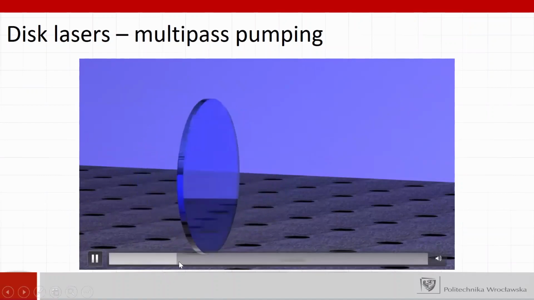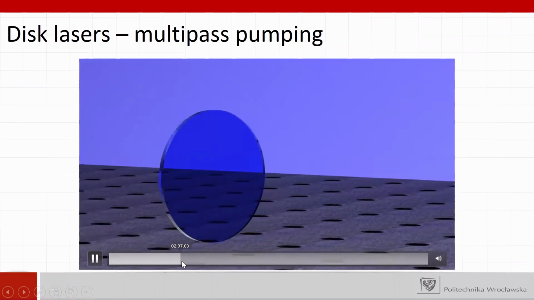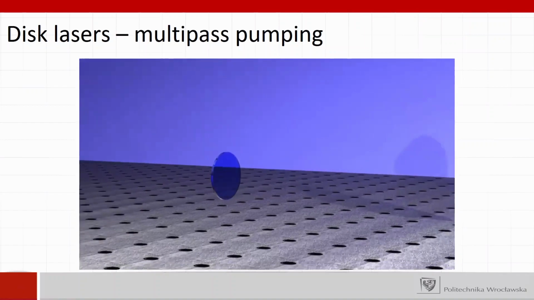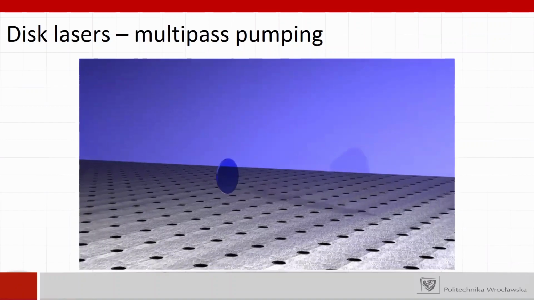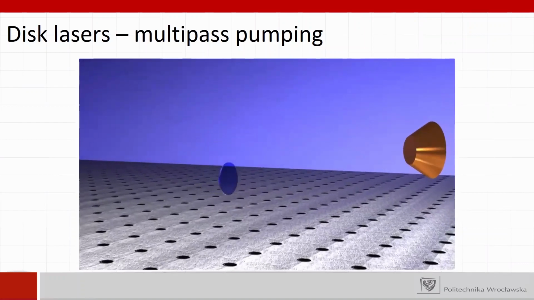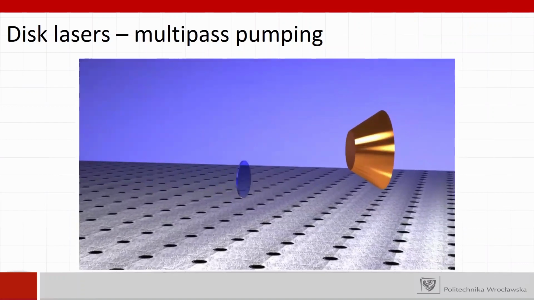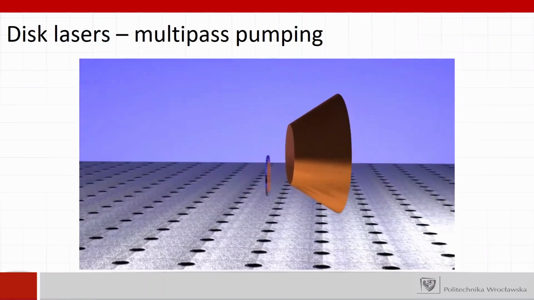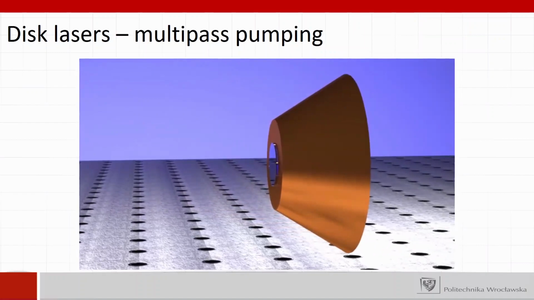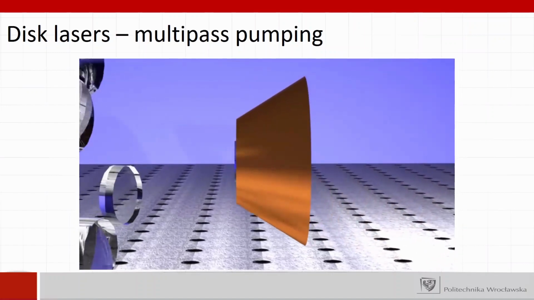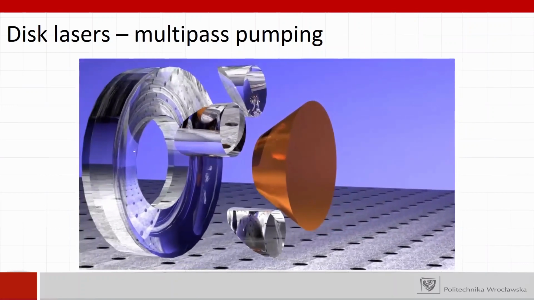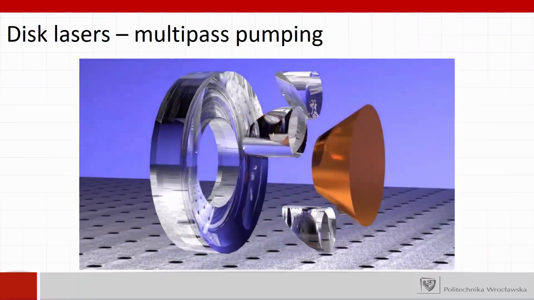Yeah, so this is the crystal. This is the disk. And the disk is placed on the heatsink. So this heatsink is a reflector, and the system is surrounded by the set of these parabolic mirrors.